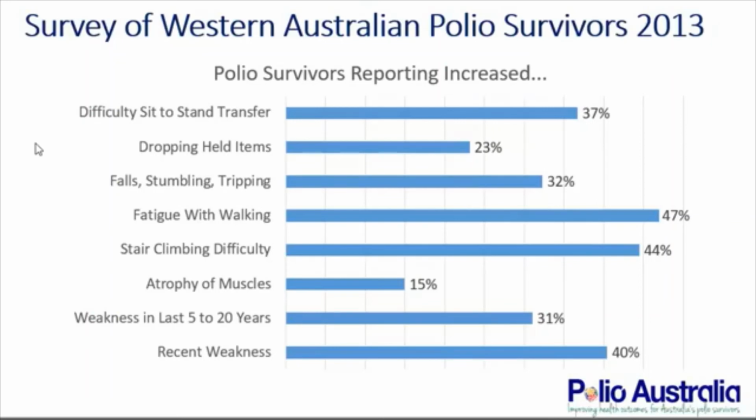So noticing that your muscles are atrophying because of the fit of your long-term brace or caliper is certainly something that a polio survivor would notice. If you think about amputees and trying to get their prosthetics to fit, limb volume is very important to be able to predict and maintain and manage when you're wearing a prosthetic.